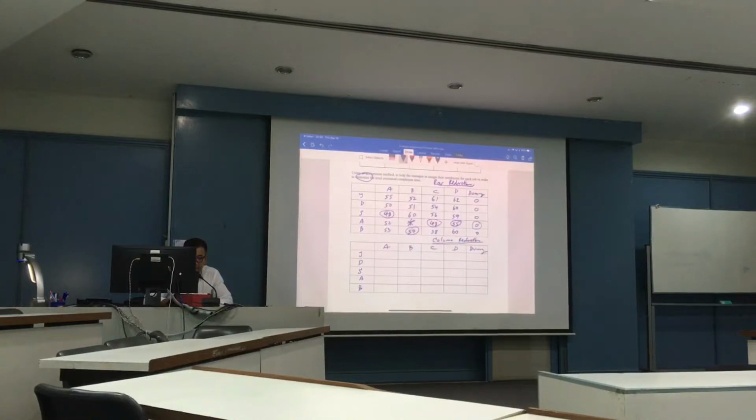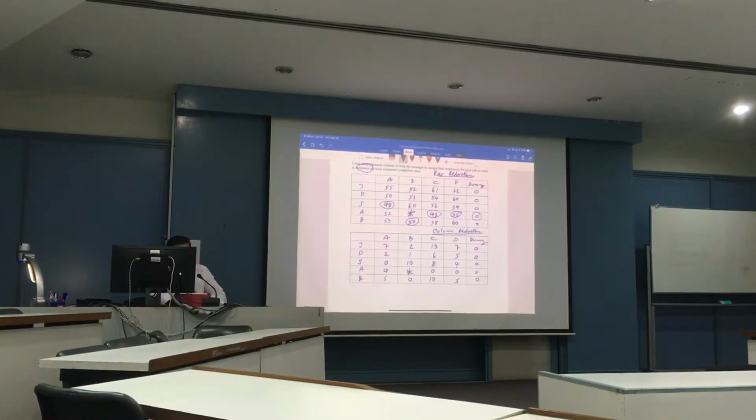So then we will have 7, 2, 0, 4, 5, 2, 1, 10 star because we are not considering that cell. 13, 6, 8, 0, 10, 7, 5, 4, 0, 5, and all 0. So this is the column reduction.